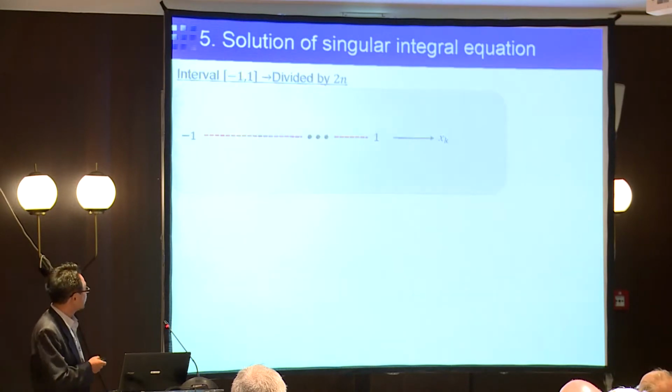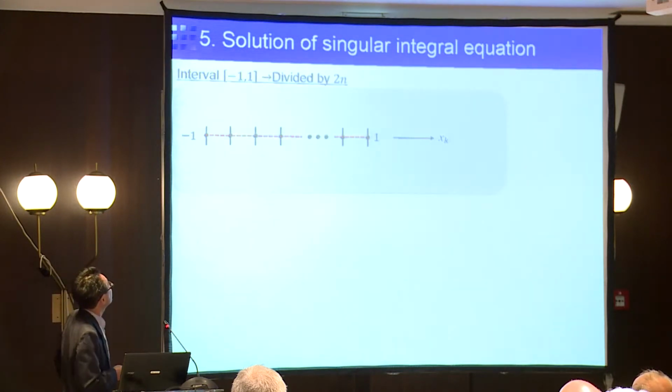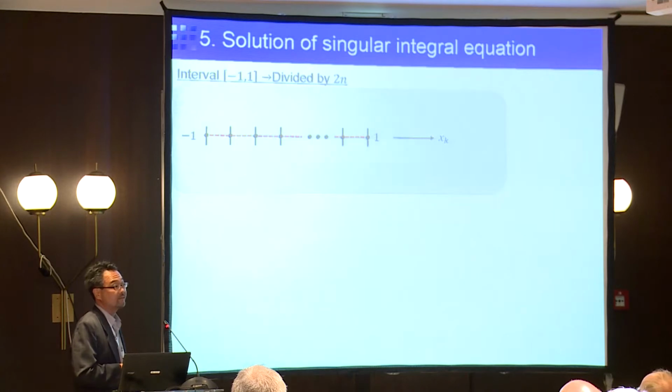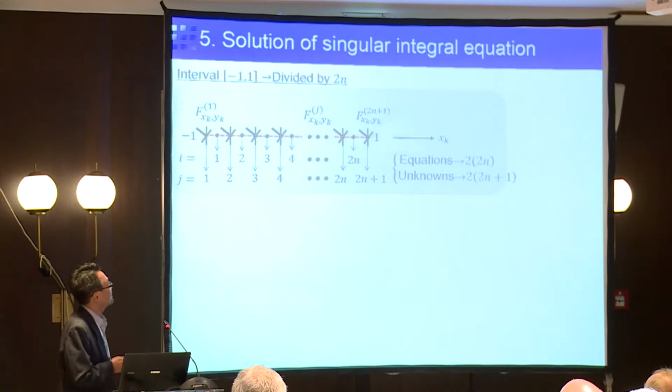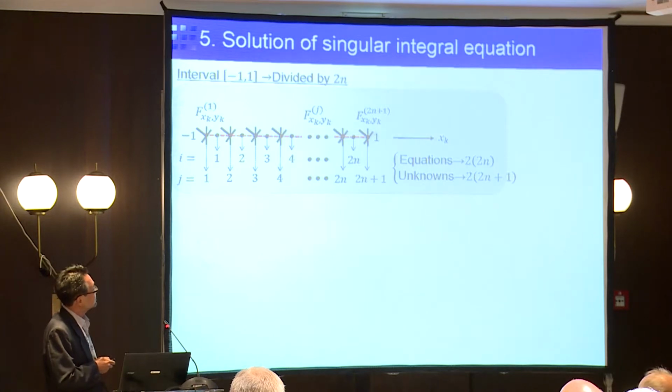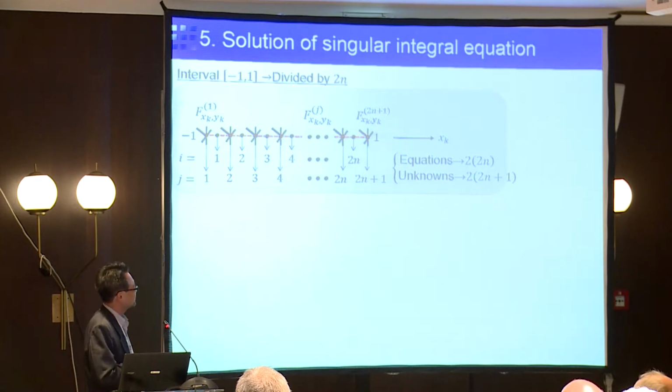For discretizing the singular integral equation, the interval minus 1 to 1 is divided into 2n times as shown here. By doing that, we have the unknown values of the dislocation density function. That number is related to 2 times 2n plus 1. On the other hand, the number of equations for the singular integral equation is 2 times 2n in this case.